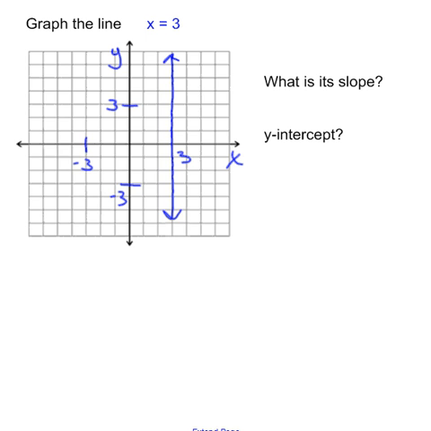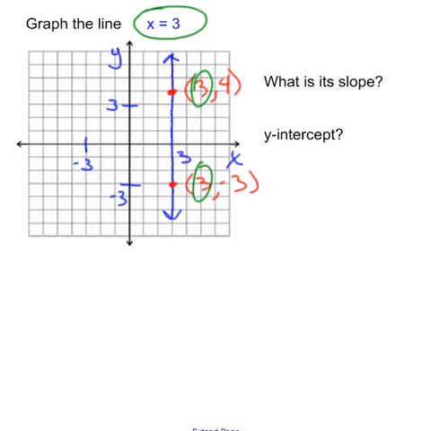If you want to understand why, think about every point along this line. Let's take this point right here. This point is (3, 4), and this point down here is (3, -3). What's important is that everywhere along that line, the x-coordinate is 3, and the y-coordinate can change and be anything we want.